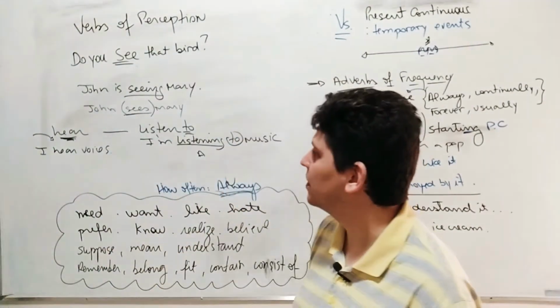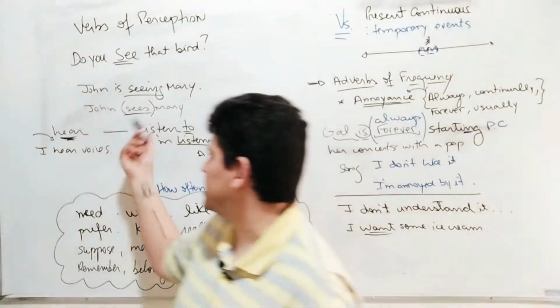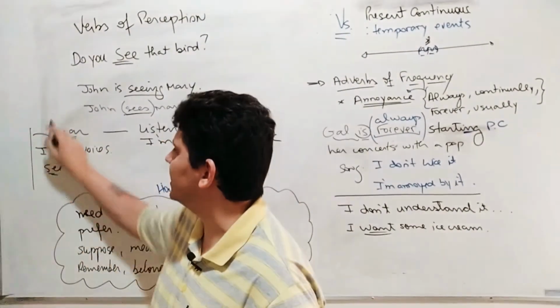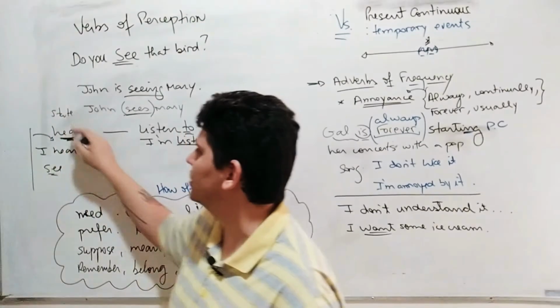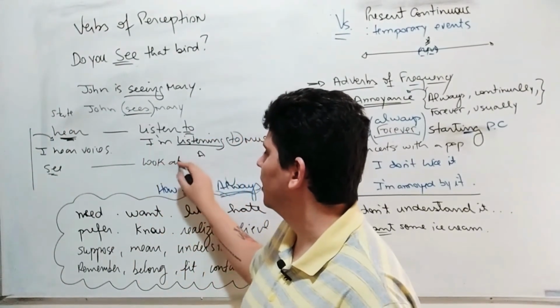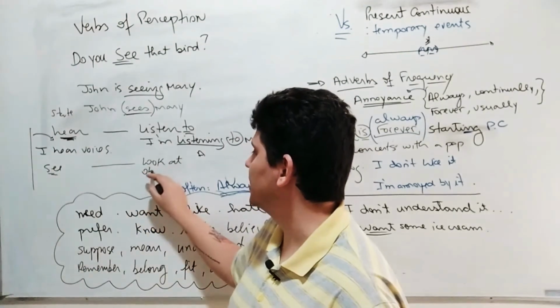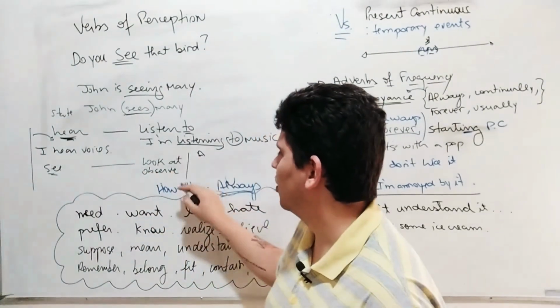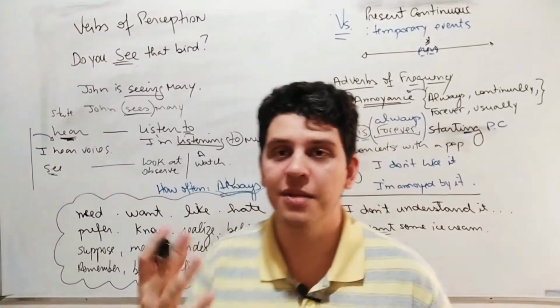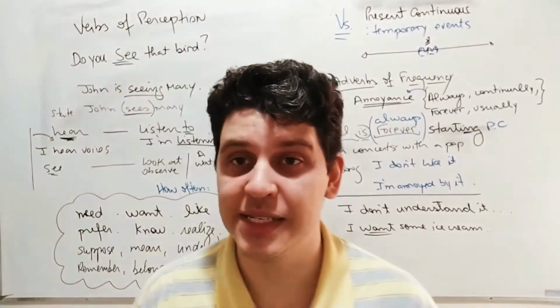Listen, listen to. An alternative for see, if you don't want to get confused, as you know that see is a state, if you want to use it as an action, you can change the meaning into look, olhar para, observe, or even watch, right? It really depends on what you want to convey as a message.